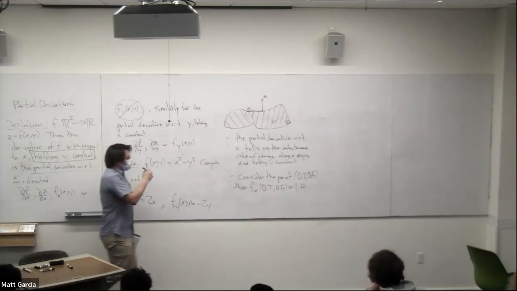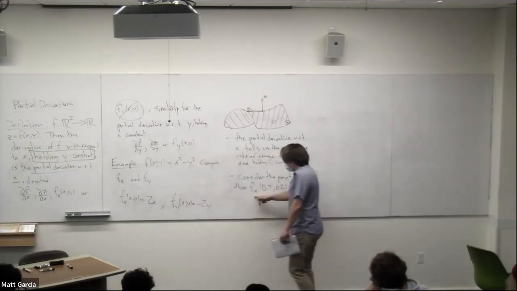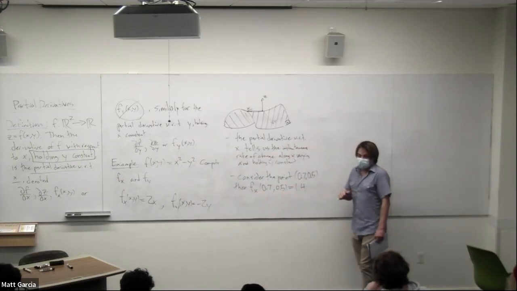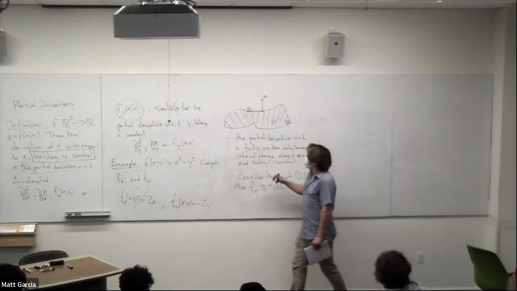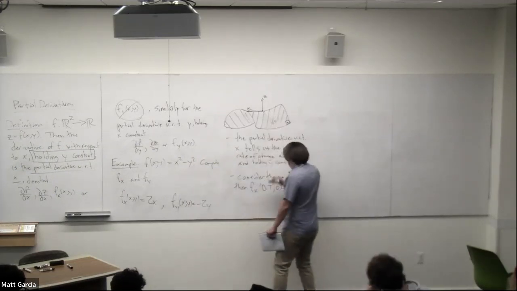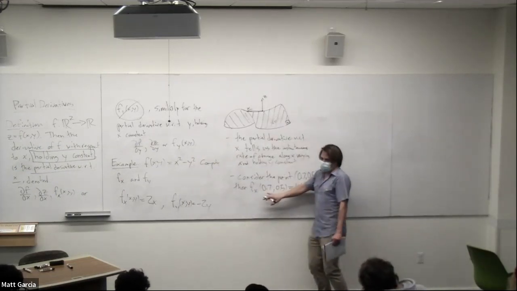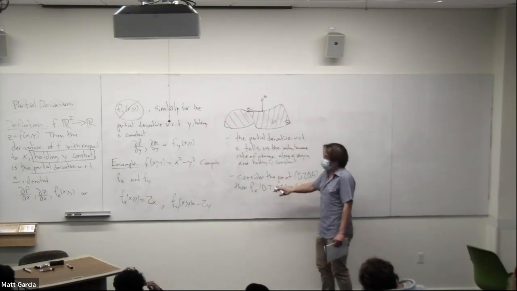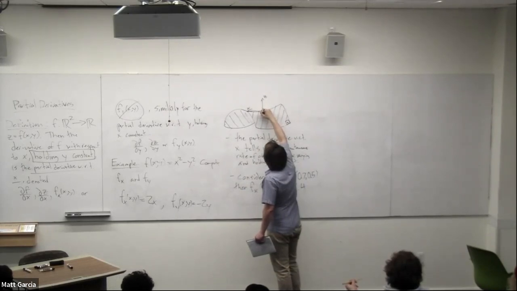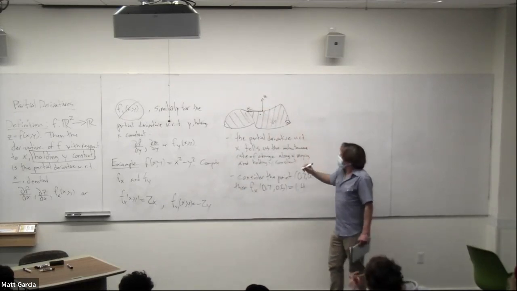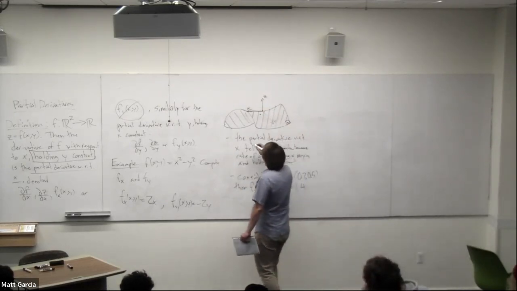So in other words, when I evaluate the partial derivative with respect to x, I'm holding y constant. That is to say, let's again do a very rough sketch of where this point lies on the surface. So I go out 0.7 on x, and then out 0.5 on y. Say it's somewhere like here.